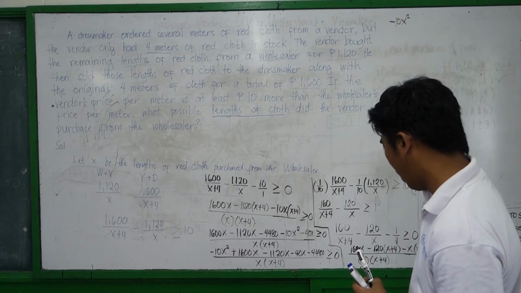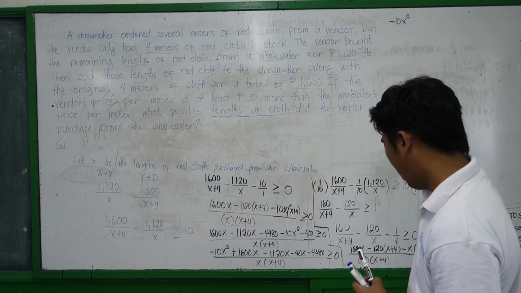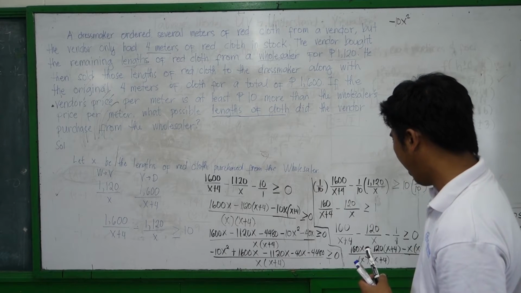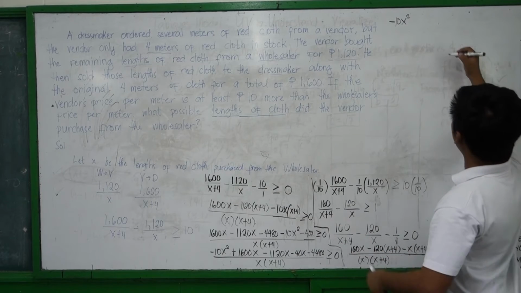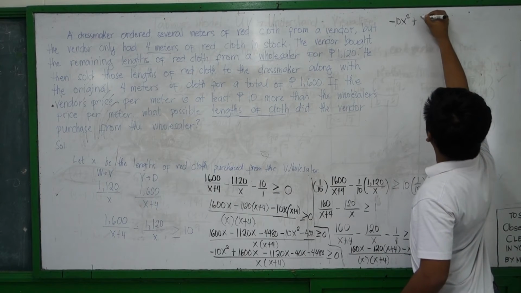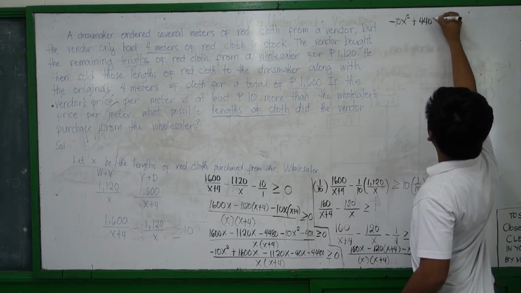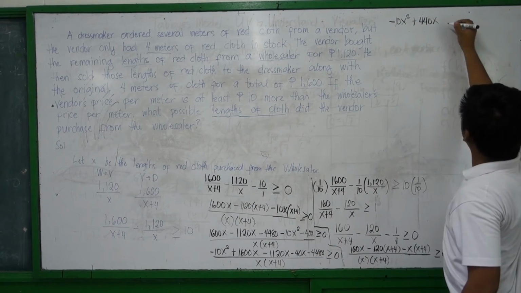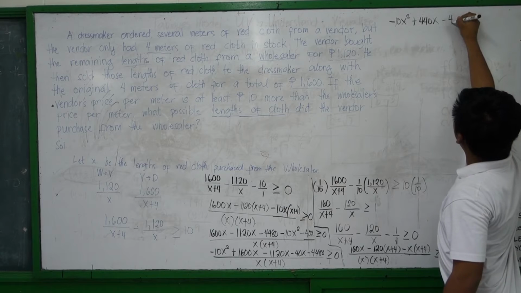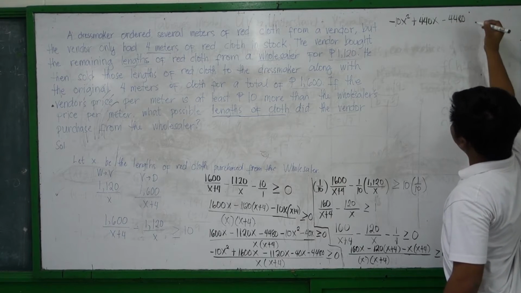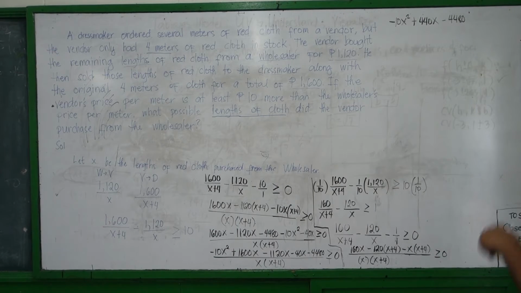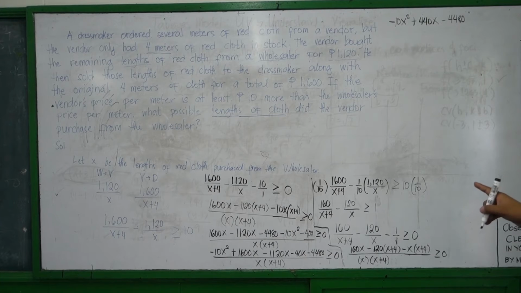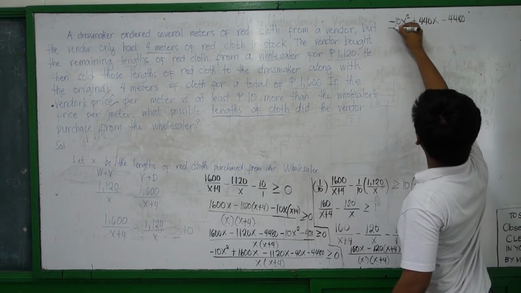So that is 440, 440x. Okay. Next is the same, minus 480. Right? 480, 440, correct. Okay, good.